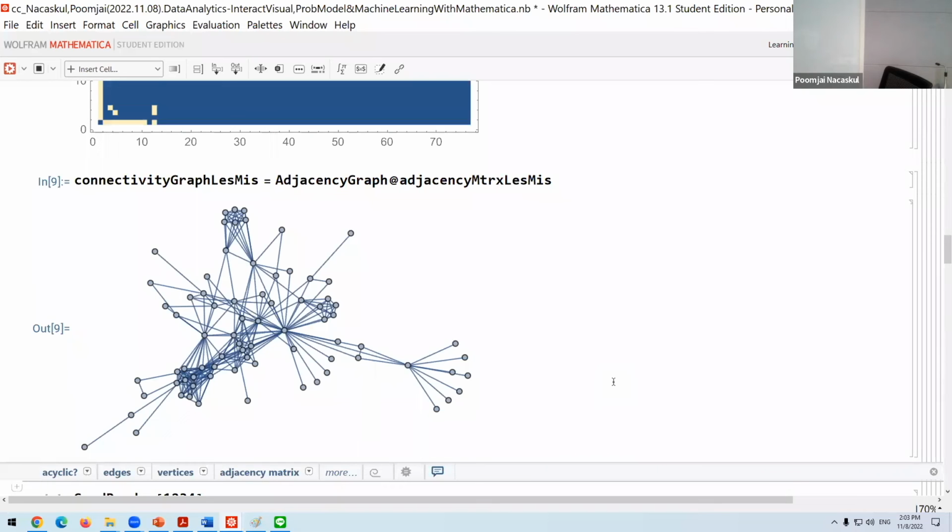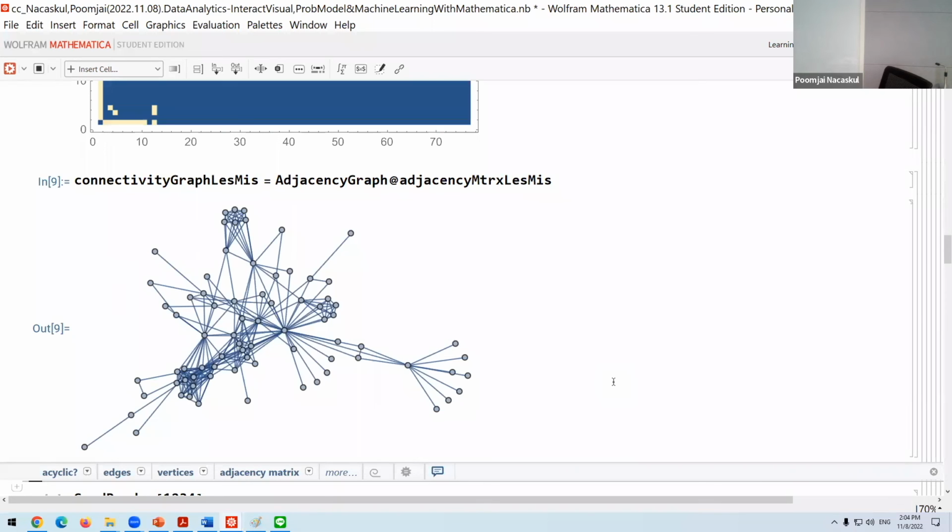But right away you can sort of see. If you count the number of circles, the number of nodes or vertices, how many do you get? 77. How many lines connecting them? 254.